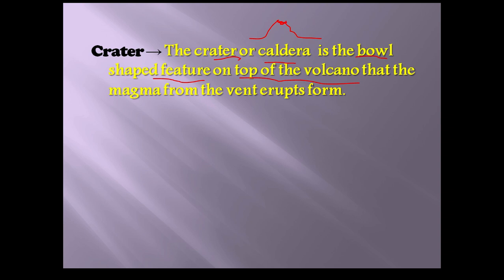This open area, this hole, this cavity is called the crater or the caldera. It is bowl shaped, on the top of the volcano, where the vent ends and allows magma to move upwards.